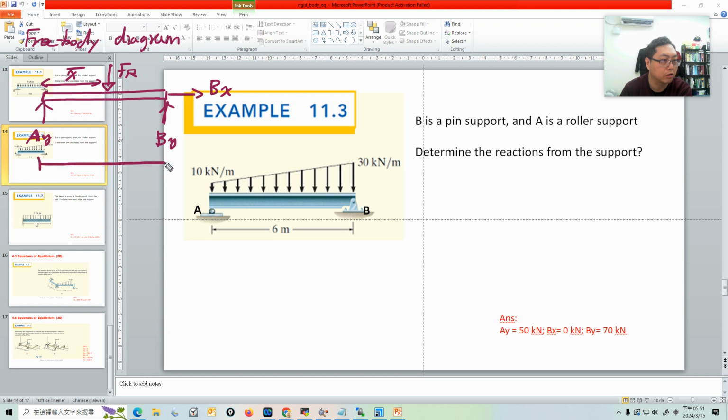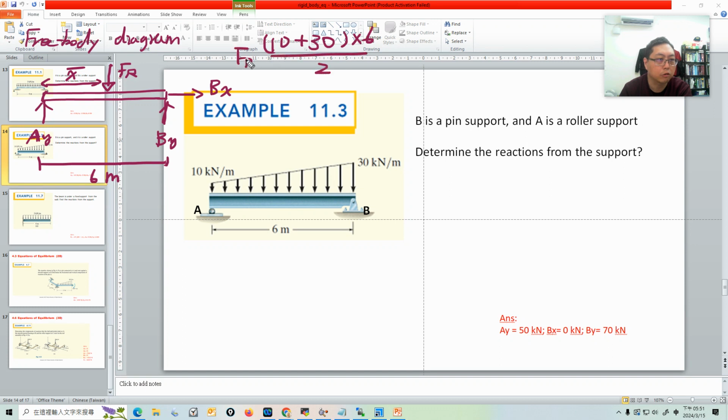This is 6 meters. The magnitude of the resultant force is just the area under the distributed curve. The distribution curve is a trapezoid, and the area of the trapezoid is very easy: 10 plus 30, times 6, divided by 2.